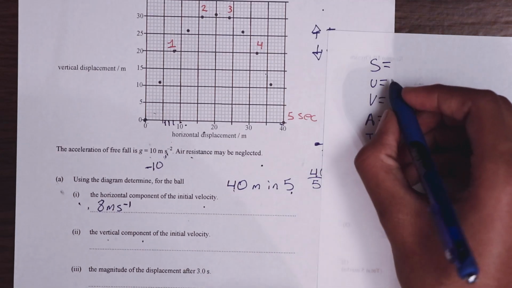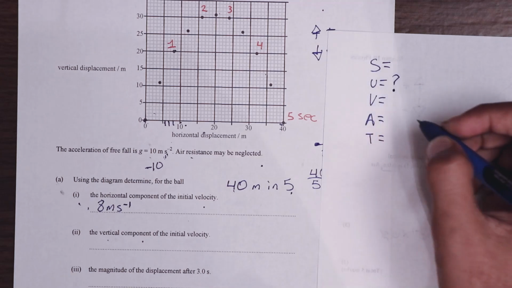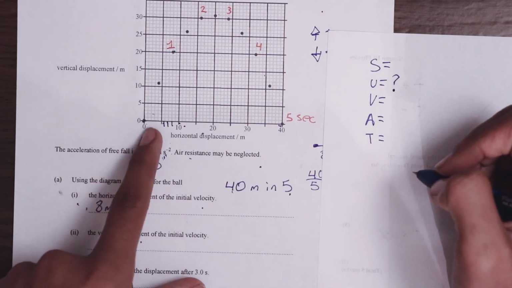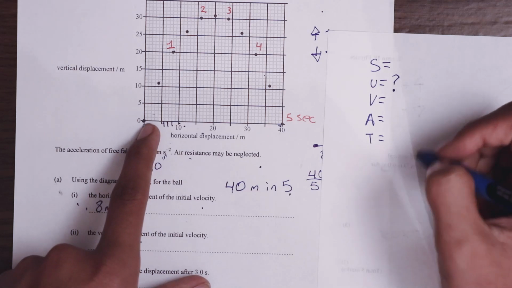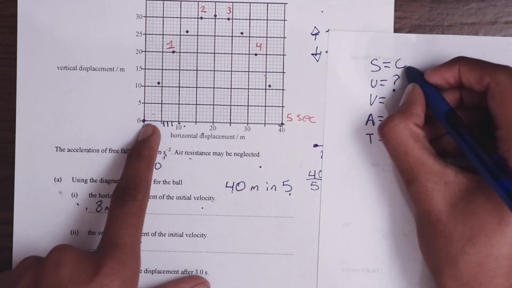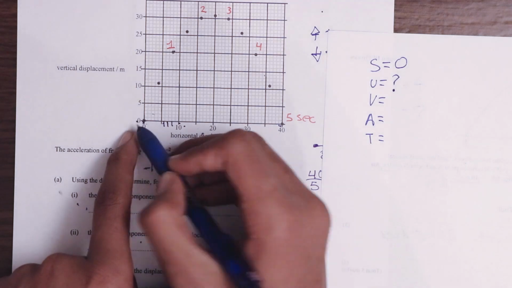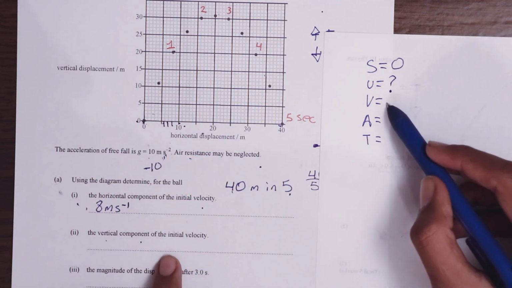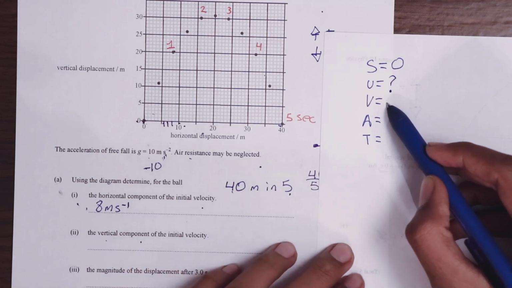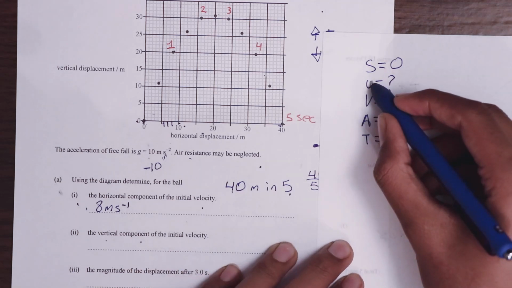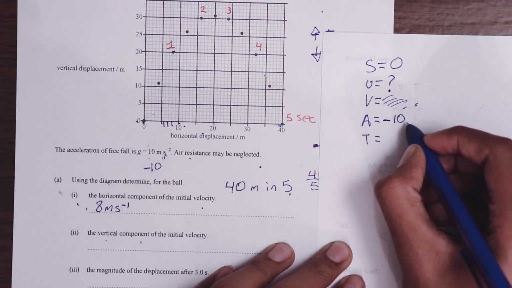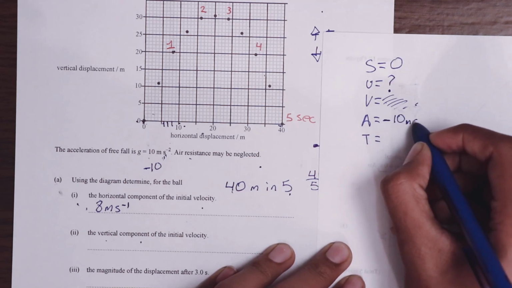So we're trying to find U. Now, initial velocity, that's when U is right. So we're trying to find when it's right here. So our displacement was just 0. Because right here, it's 0, 0. It's nowhere. Our velocity ending up, we don't know what that is because we don't even know where we're starting at. Our acceleration, always negative 10 meters per second.